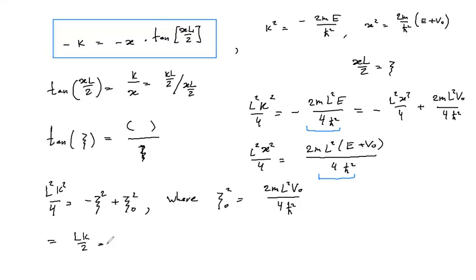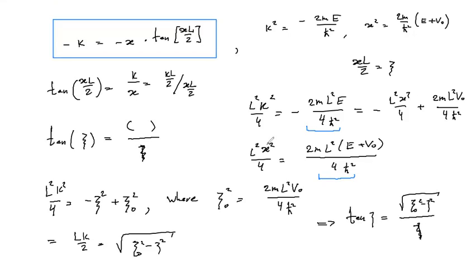KL over 2 would be the square root of xc naught square minus xc square. So a lot of work just to make my equation look a little bit nicer. Tangent of xc equals the square root of xc naught square minus xc square, over xc. And I have to find the solution of this equation. I can tell you from the very beginning, it's not possible to find the solution of this equation analytically. It's a little bit nasty.